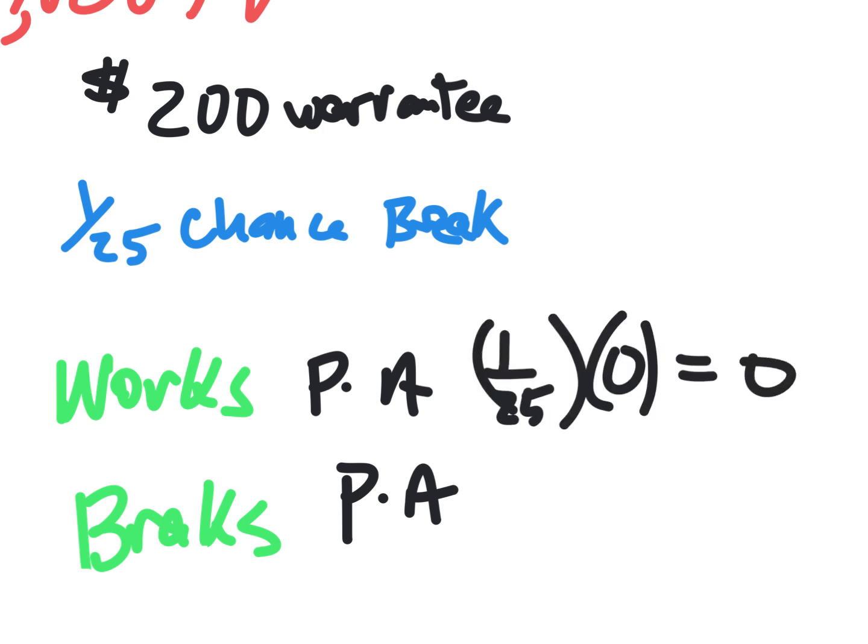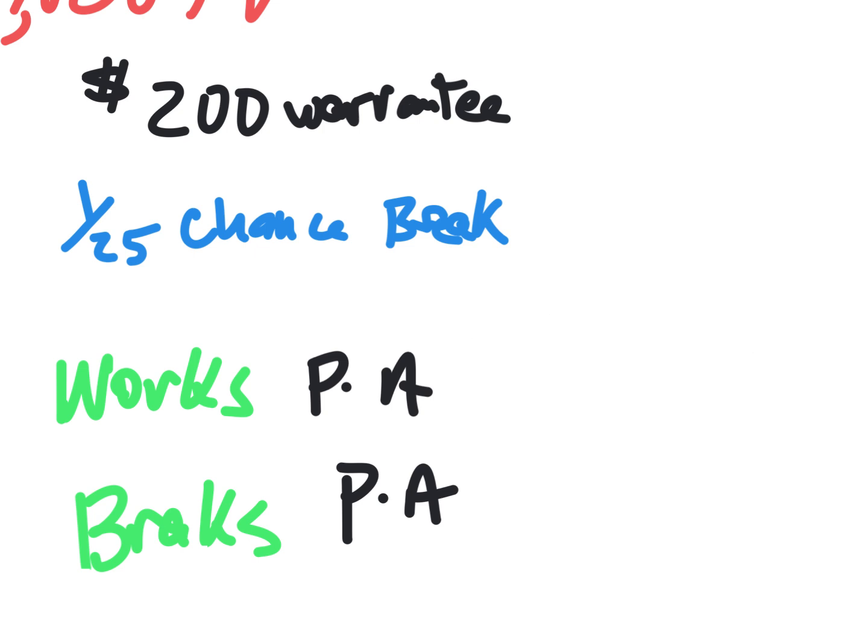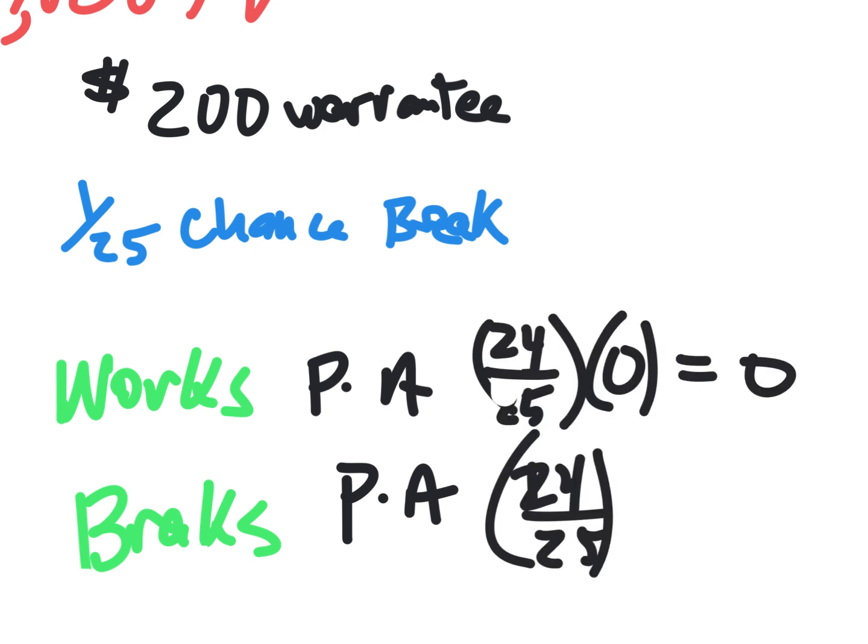And then there's a, nope, I just did it backwards, and that's the classic mistake. There isn't a 24 in 25 chance that it breaks. All right, so I have these two reversed. There's a 24 in 25 chance that you get nothing. And there's a 1 in 25 chance that you get $200.